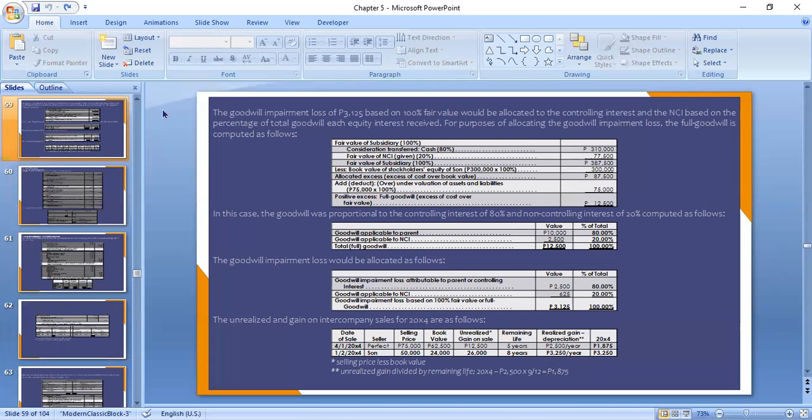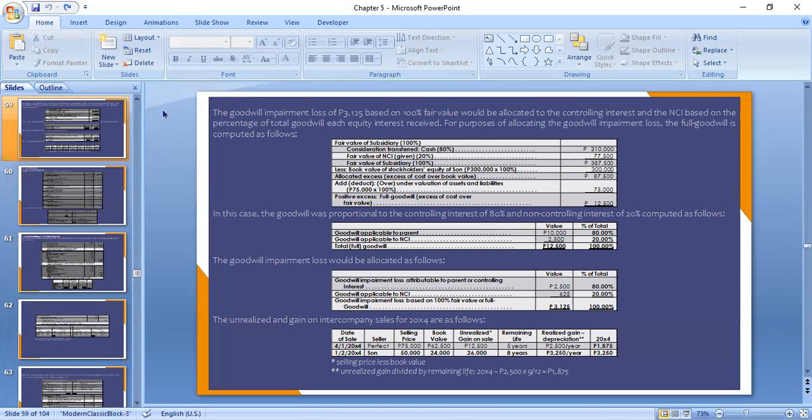So for purposes of allocating the goodwill impairment loss, the full goodwill is computed as follows. We have the fair value of subsidiary, consideration transferred at 80%, and the fair value of the NCI at 20%.